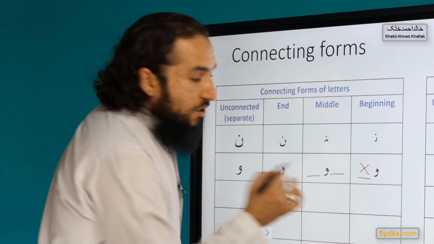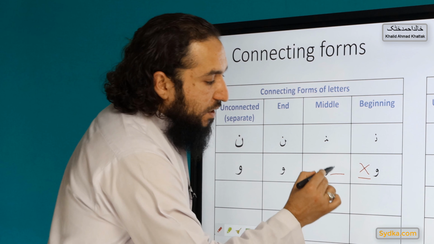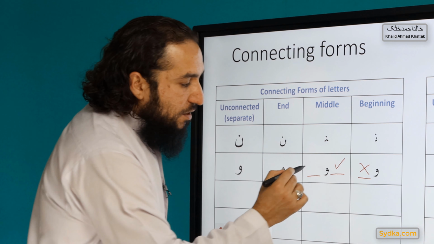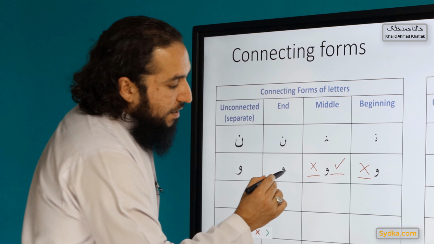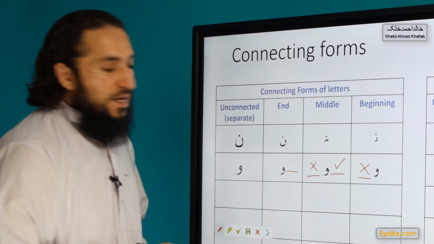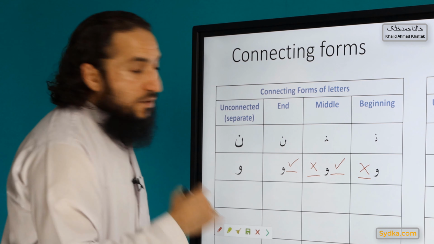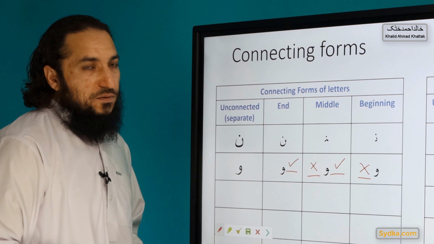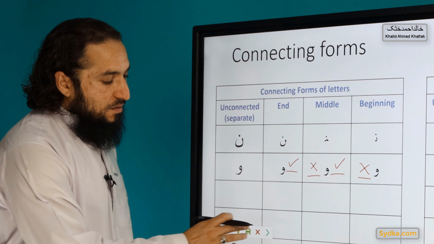If you use it in the middle of a word, then you can connect another letter before it, but not after it. And similarly, if you use it at the end, you can connect another letter before it. Since this is the property of the non-connectors, hence it is a non-connector.